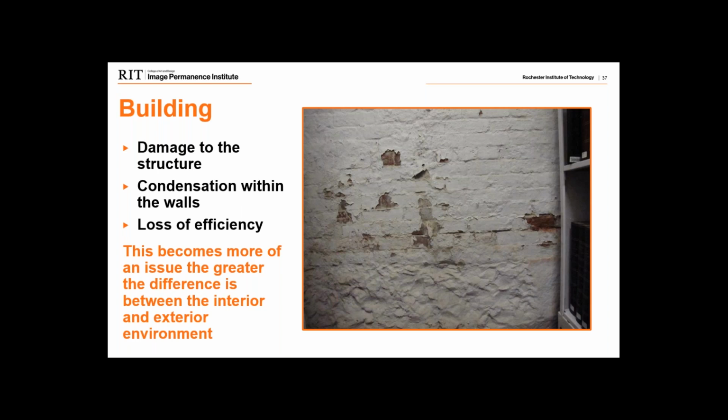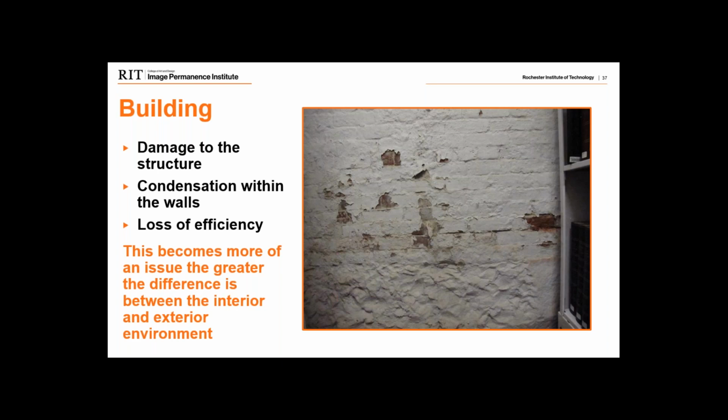So this results in damage to the structure as the water pulls components from the building envelope. We can see this in the form of efflorescence on bricks. If you've ever seen it, it's almost like a white salt that you'll see on it. Condensation can form within the walls, which allows for the corrosion of interior structural and piping elements, as well as the potential for mold germination.